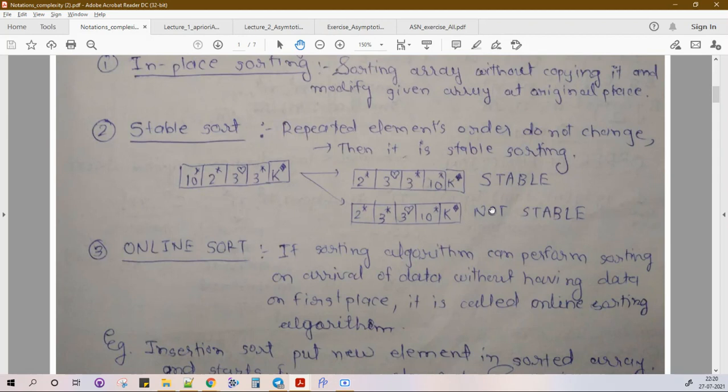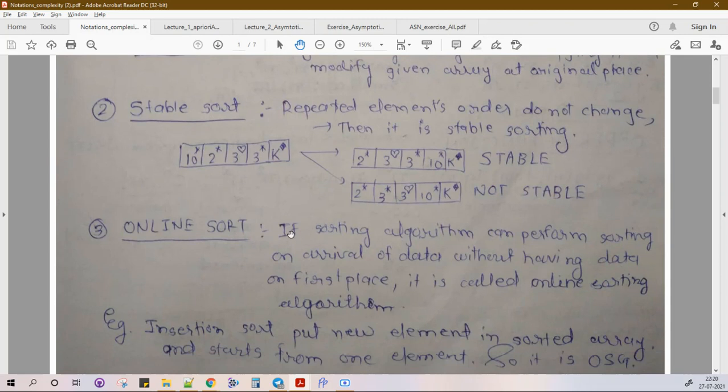Then it is stable. If after sorting the positions of the three of hearts and the three of asterisk are interchanged, then it is called not stable. That means your sorting algorithm is doing overwork, not keeping the repeating elements in order, correct. This can actually cause a problem, though we are not going into detail, because this unstable kind of sorting can create a problem if we have some value assigned to this key, correct.